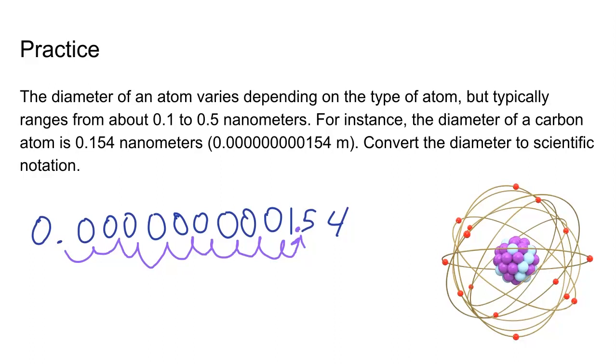So the coefficient becomes 1.54 times 10 to the negative 10th power, because you move the decimal point 10 places to the right. So the exponent will be negative 10. And then make sure to add the units, which is meters.